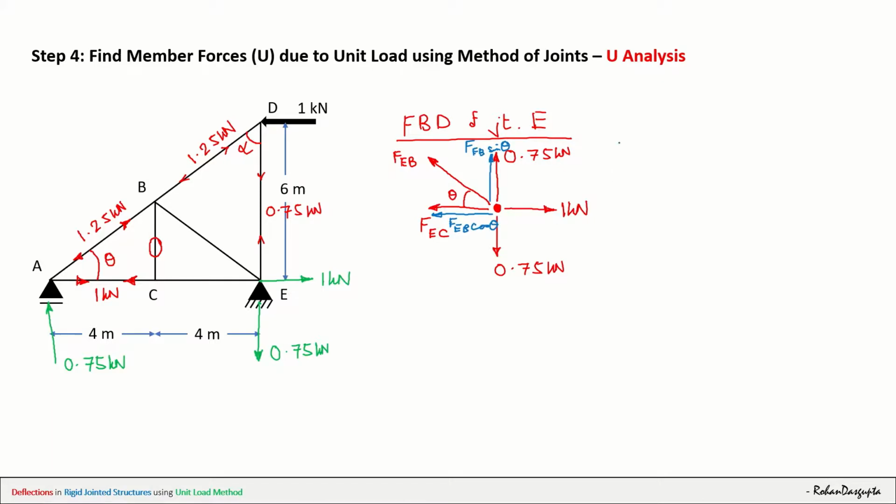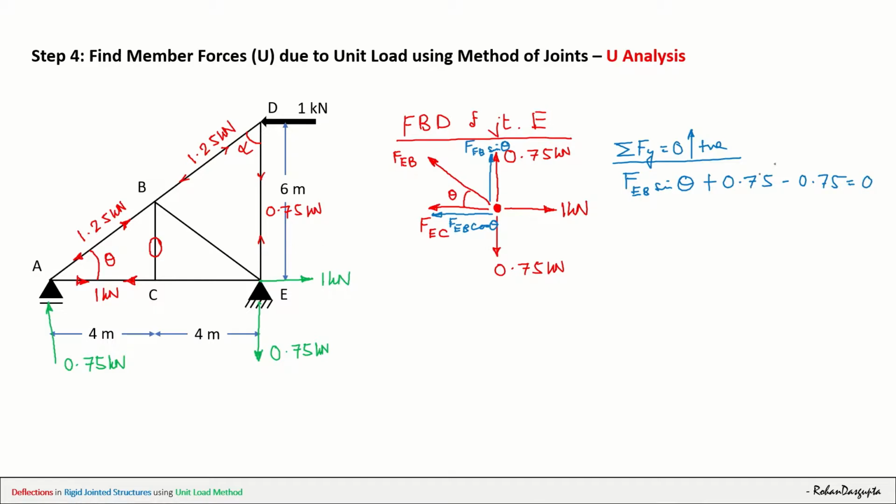So let us take summation of Fy equals to 0, upwards is positive. And your entire focus should be on the FBD now. So in the upward direction, we have FEB sin theta plus 0.75, plus 0.75, minus 0.75 is equal to 0.